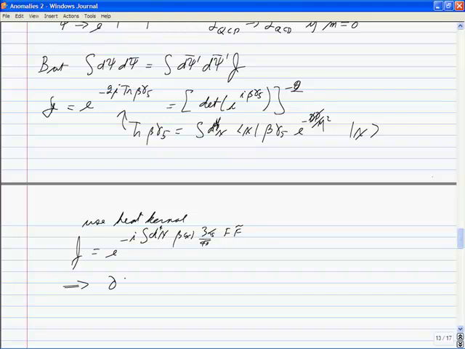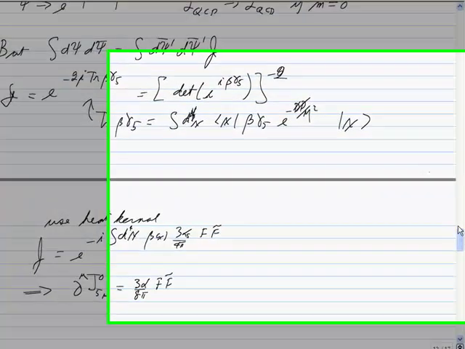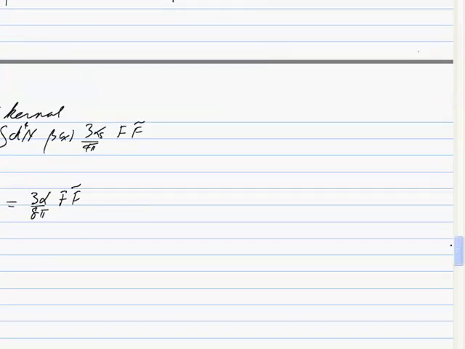That implies that this current J05 isn't divergence-free unless it's 3 alpha over 8 pi f f dual. So this current isn't conserved.